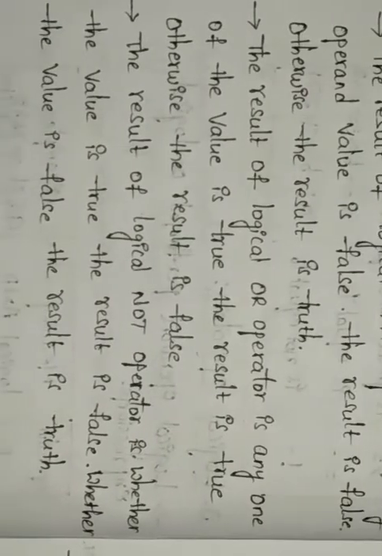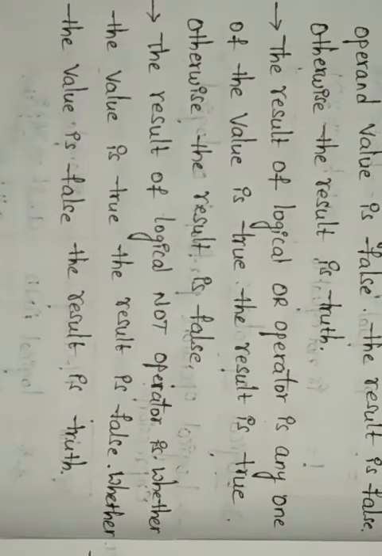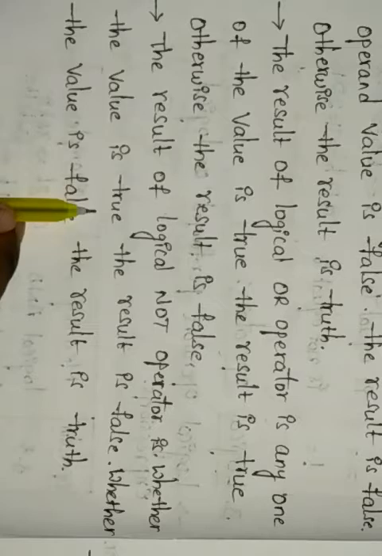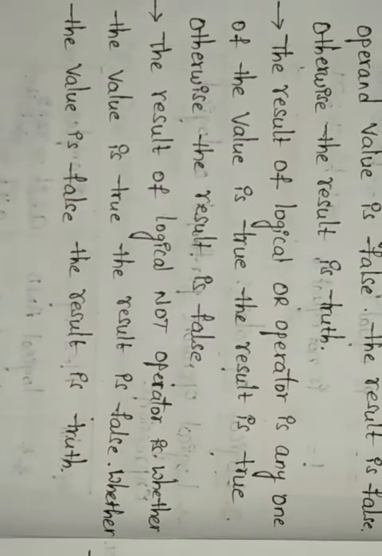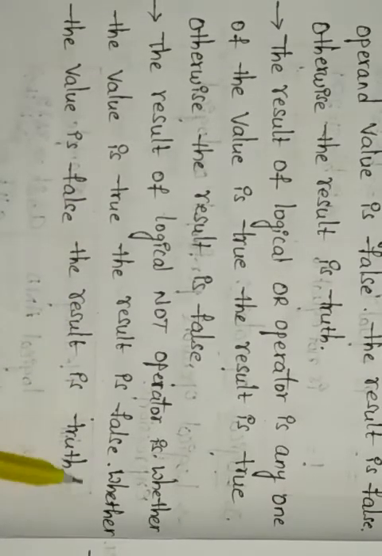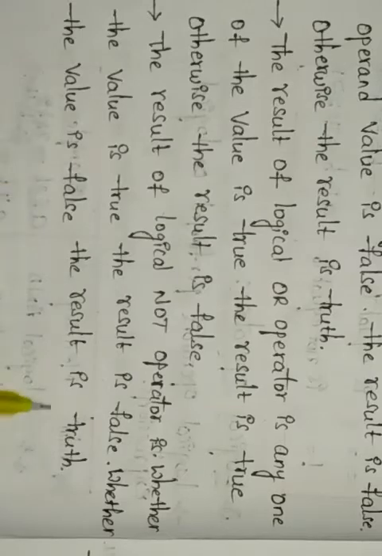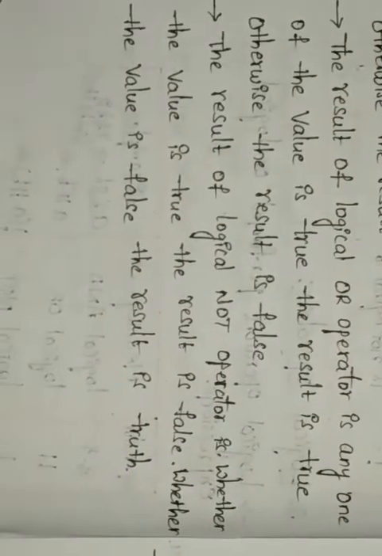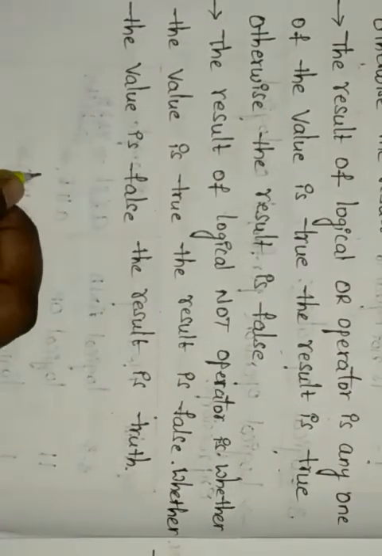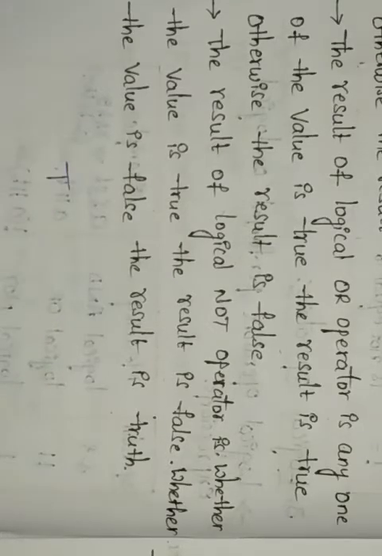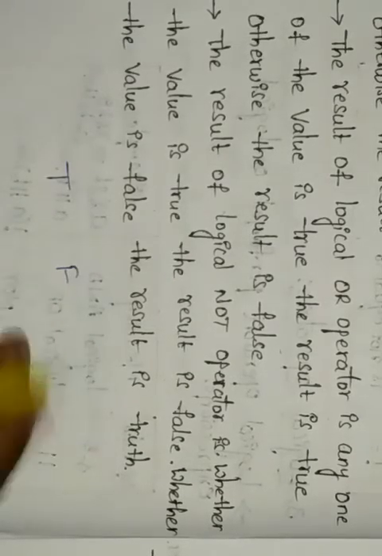And we have one more operator, that is the NOT operator, right? The result of the logical NOT operator is: if the value is true, the result is false. That means the opposite. If the value is false, the result is true. Suppose I give the value true. It gives the false statement.